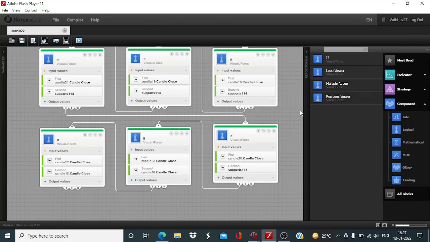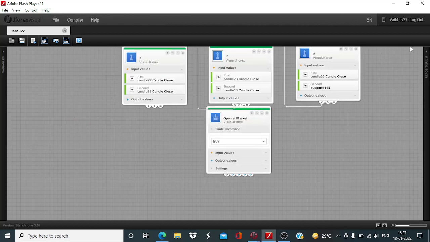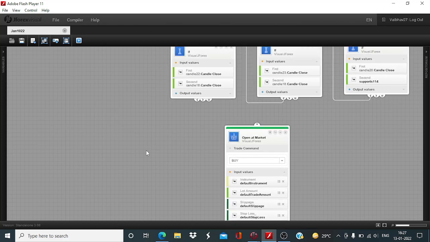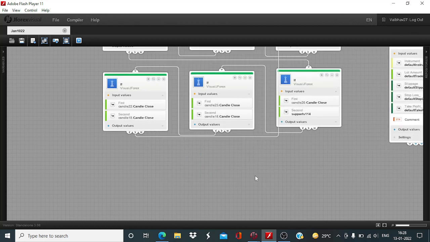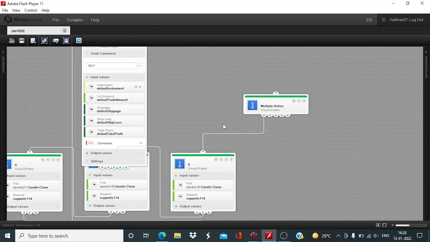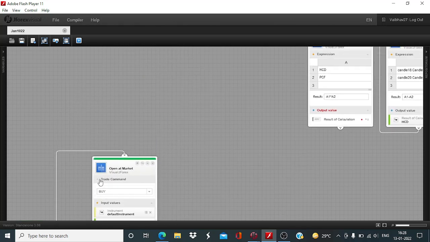And we take trade command block, open at market. That means we will be relying on the system of initiating trade at the current market price. And here first input greater than second input. Now we have to define various input parameters for this trade command block, depending on which our order configuration will be set.